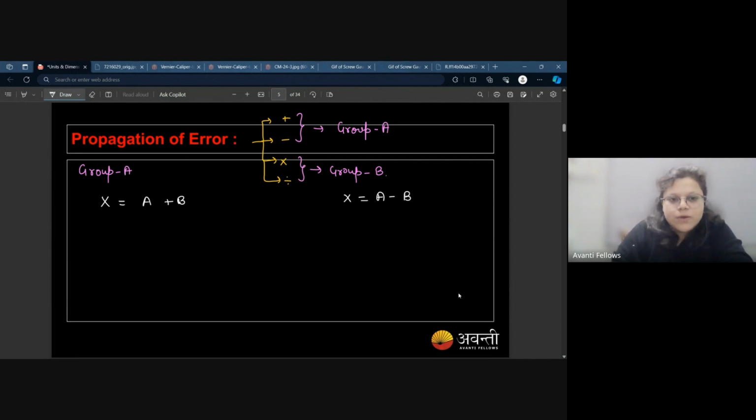If I want you to calculate the total error in x, you will always add the corresponding errors. Delta B is the error in the measurement of B, delta A is the error in the measurement of A, and similarly delta X is the error in the measurement of X. So if you have delta A and delta B, you can calculate delta X by this simple thing.